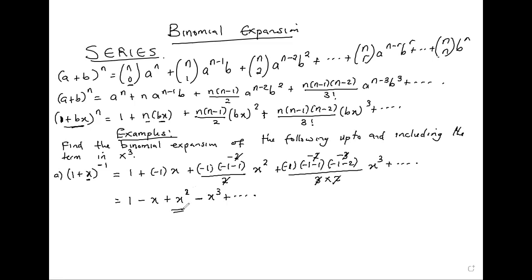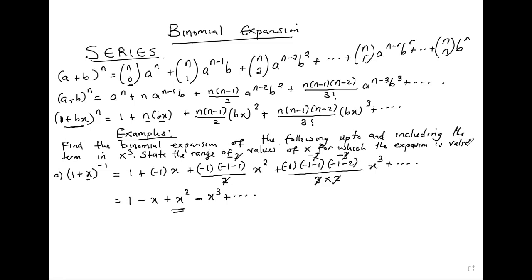And we call it a series because it keeps going. We've just stopped at x to the power 3. If we extend the question, state the range of values of x for which the expansion is valid.